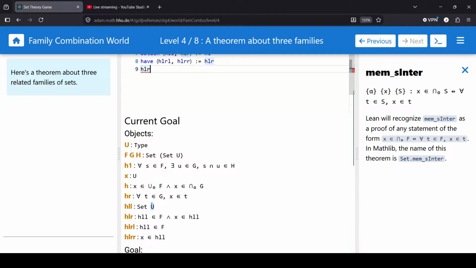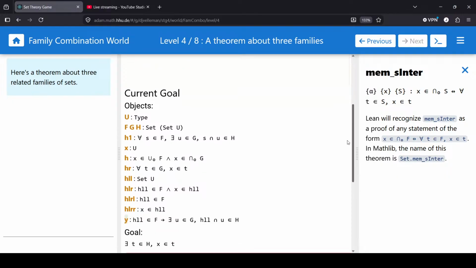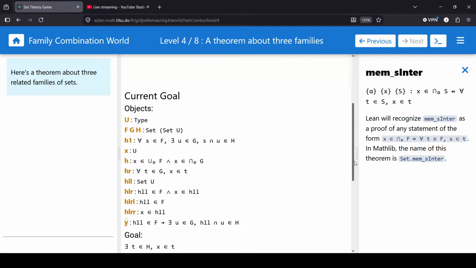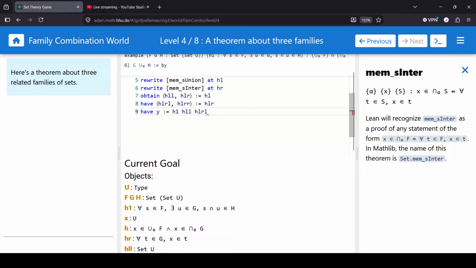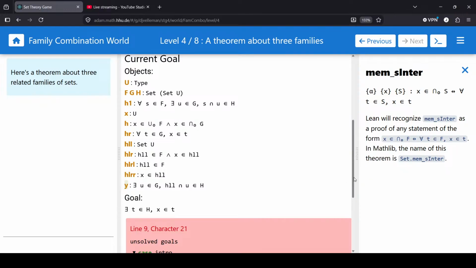And that's going to be fed into U. Oh no, HLL. Sorry, I need to do that, and then I can apply HLRL. I think. Yes. Okay, if we do that, we end up with an existential, and then we can break that one down.